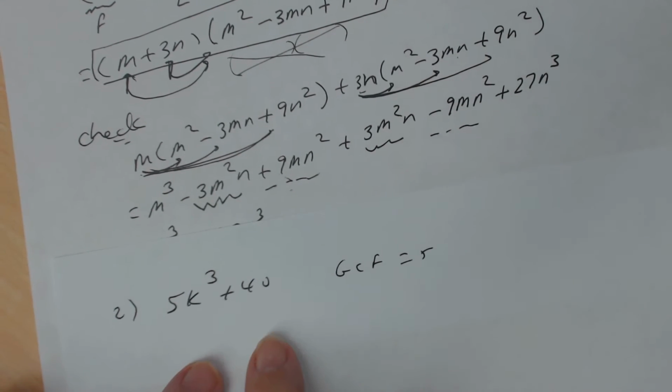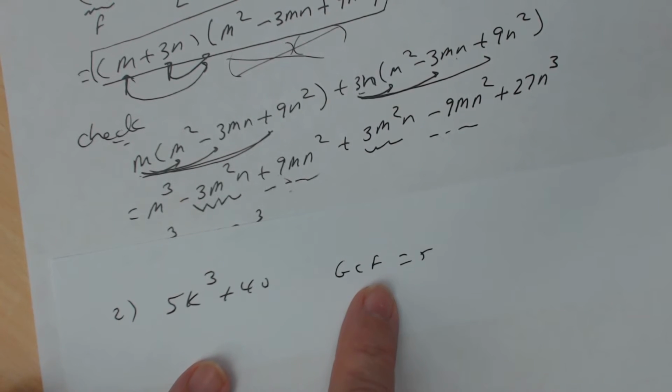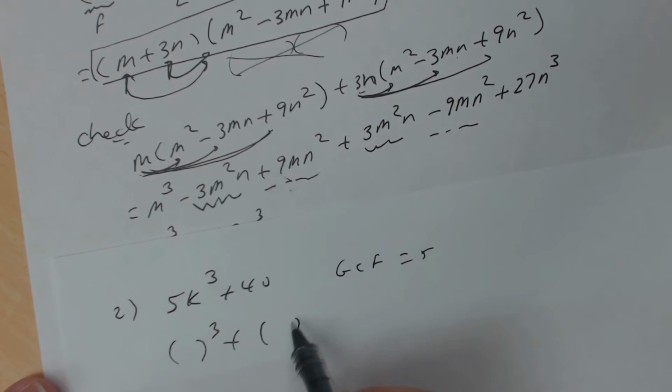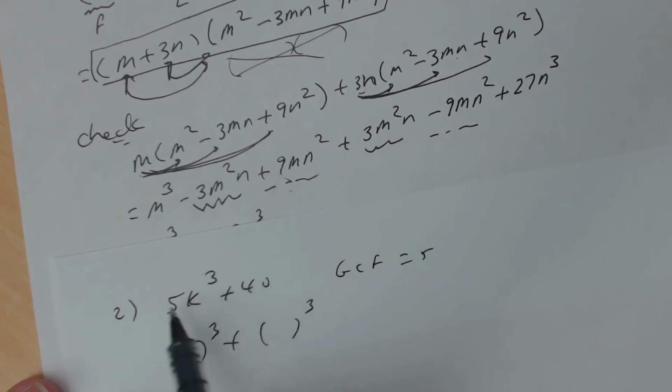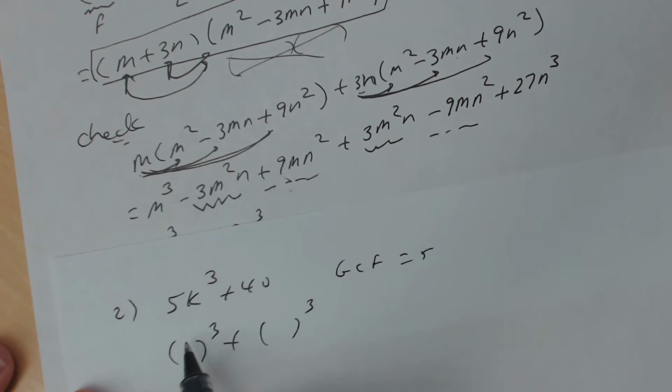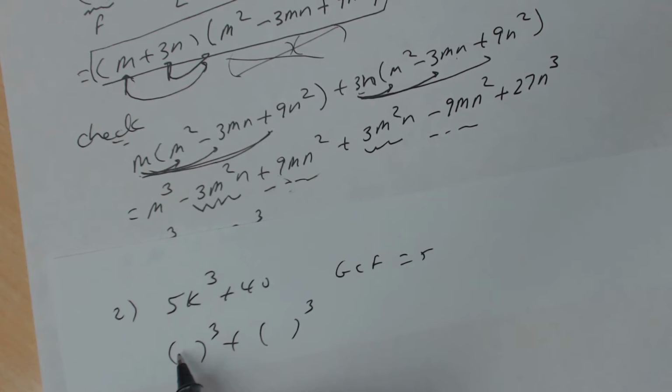Now, even if you didn't look for the GCF, let's suppose you went directly to seeing if this, as it looks, is the sum of 2 cubes. Well, obviously it's not, because there's no whole number times itself 3 times that's 5. And there's no whole number times itself 3 times that's 40.